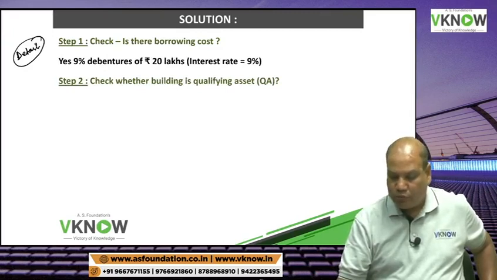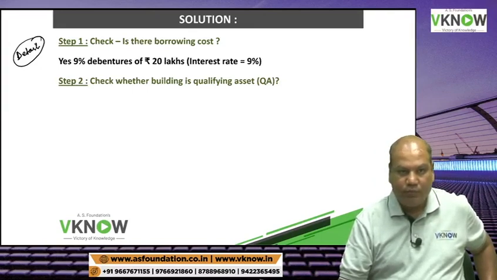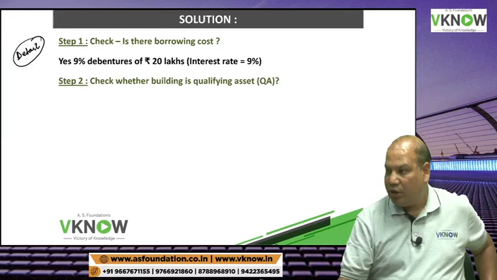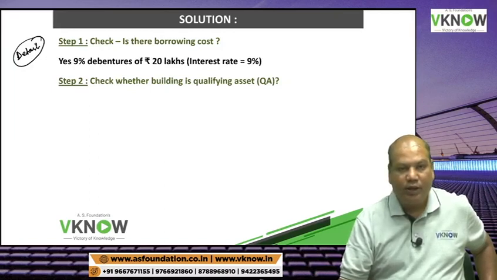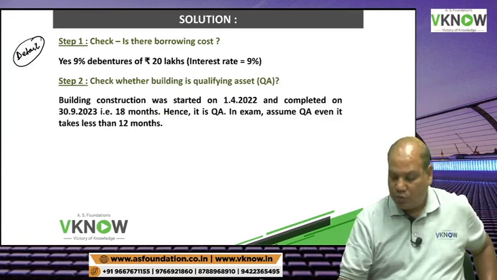Step 2. Now the second thing we have to see is that the expenditure is incurred on a qualifying asset. Step number 2, check whether the building is a qualifying asset. What do you think? Is the building in this example a qualifying asset? It is taking 18 months to complete. So you will say yes.